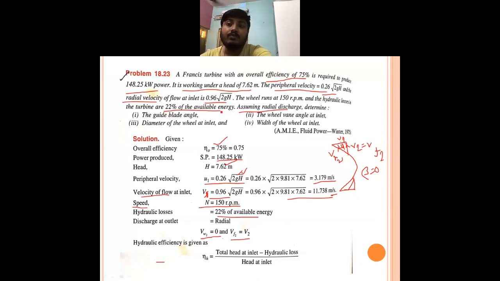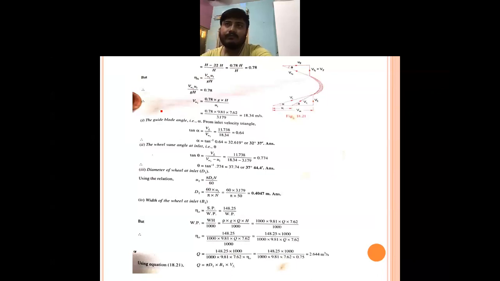As it is a turbine, we will consider the power or the available energy in terms of head. So if we write the hydraulic losses in terms of head, it will be 0.22 of the available energy. What is eta H? Eta H is nothing but H, that is the net head available at the inlet, minus the loss of head, so it will come 0.78.